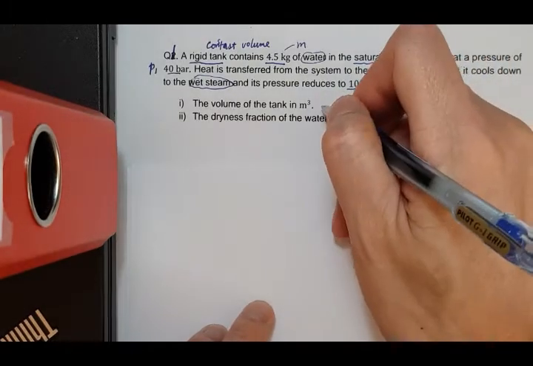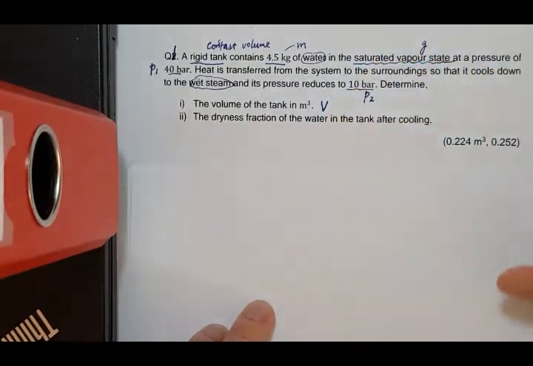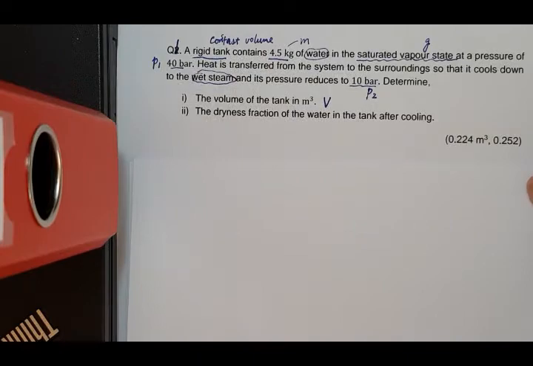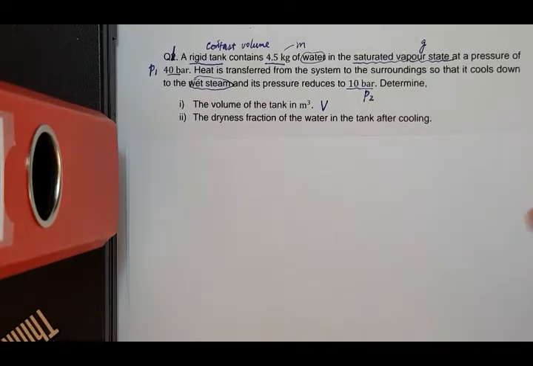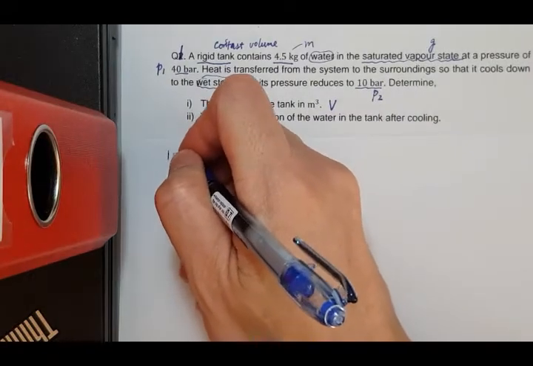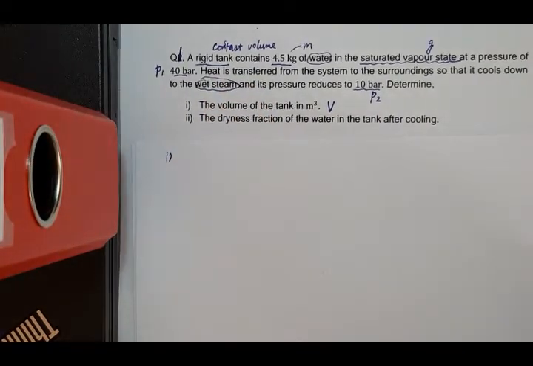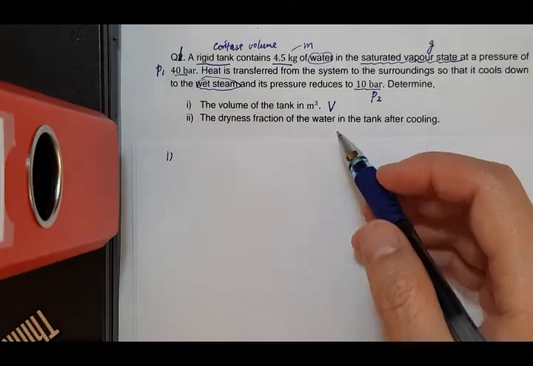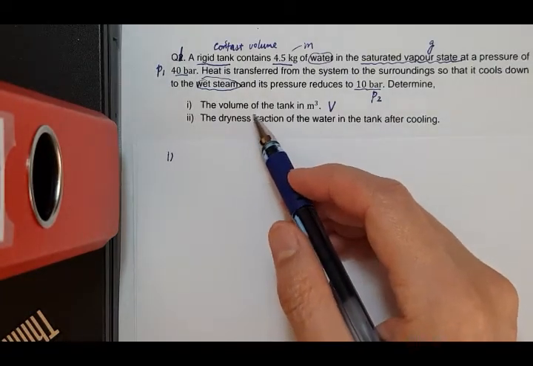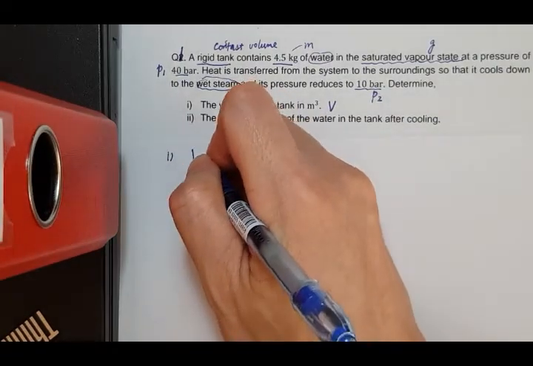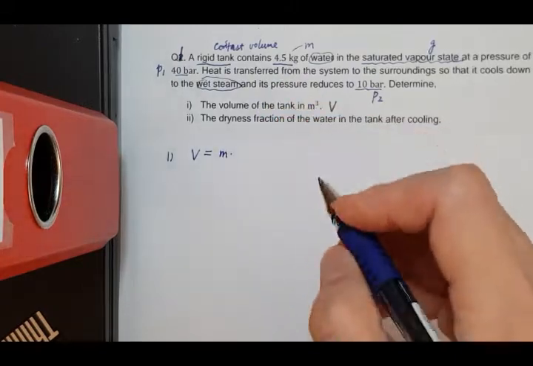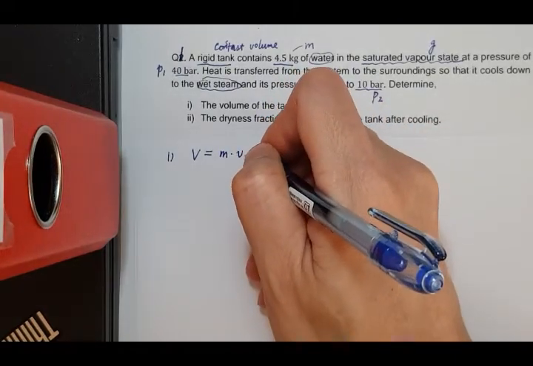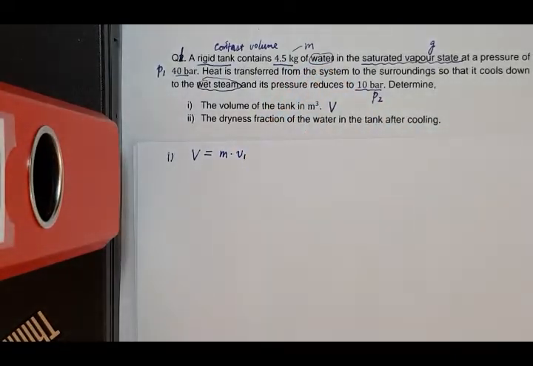So we're talking about V, capital V. Then we need to find out all the information regarding the volume, such as the specific volume. Let's do the first one. If we want to calculate the volume of the tank, V, this is defined as m times the specific volume v1.